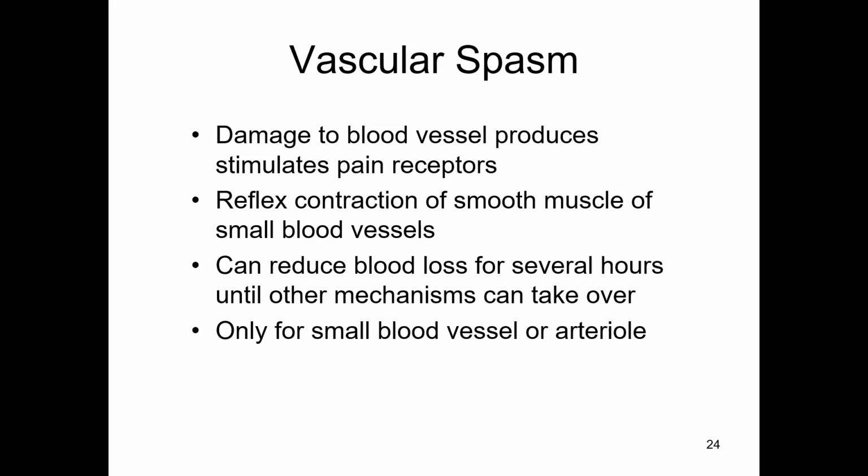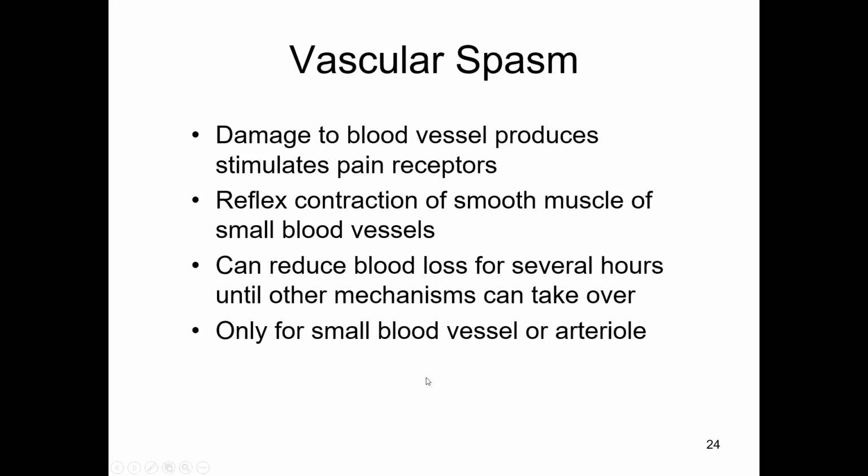So smooth muscles react by very quick contraction. So imagine the wall of the blood vessel, just like that circular set of smooth muscles in the iris. When you make them contract, the blood vessel diameter, just like the pupil, will narrow, and that is vascular spasm, vasoconstriction is taking place.